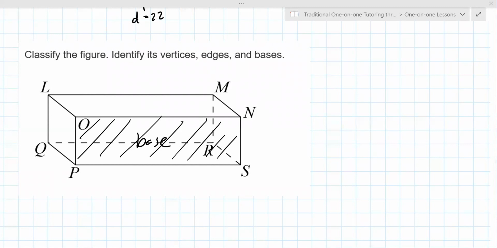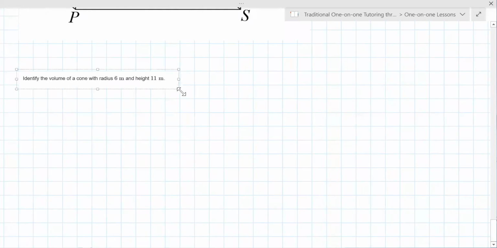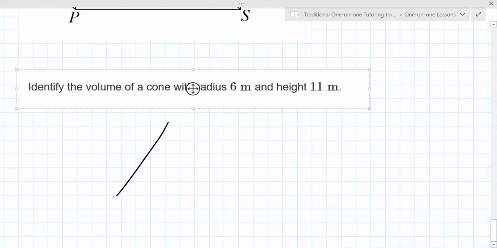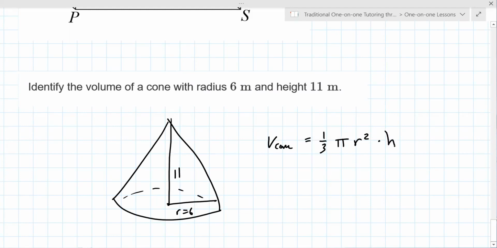Okay, next question. It says identify the volume of a cone with radius 6. So the radius is 6 and the height is 11. The volume of a cone, it's like a pyramid. It's 1/3 the area of the base, which is pi r squared, times the height. This time it doesn't say in terms of pi.